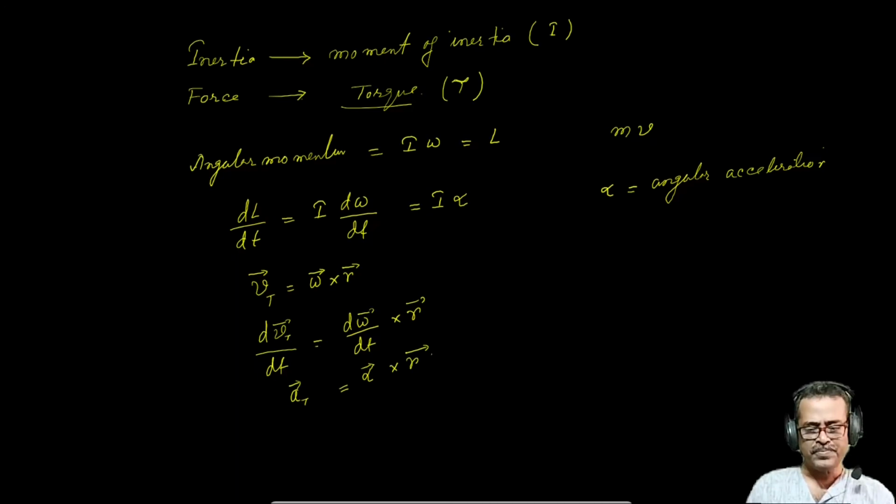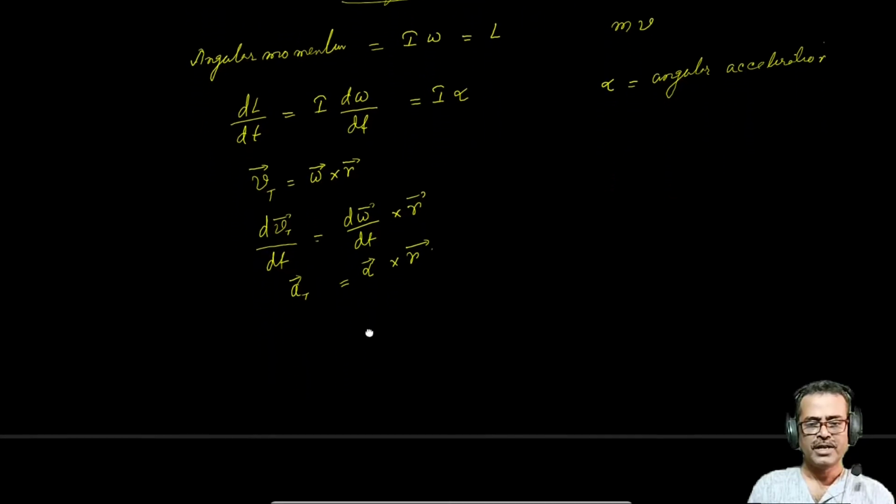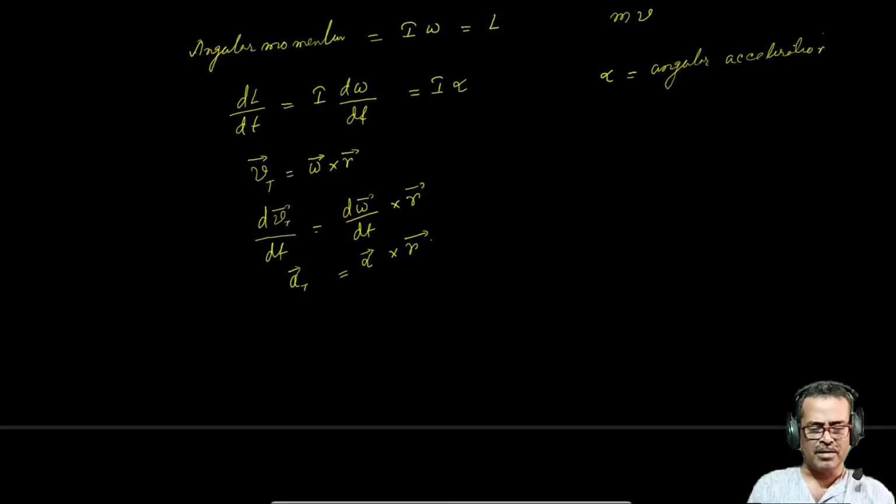Now if we apply the second law of motion in the circular frame, then dL dt, that is the rate of change of angular momentum, is directly proportional to the external unbalanced torque. So we can write tau is equal to I into alpha, that is F is equal to m into a, the same relation.